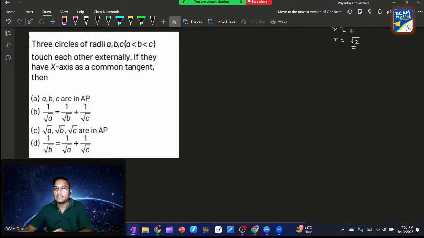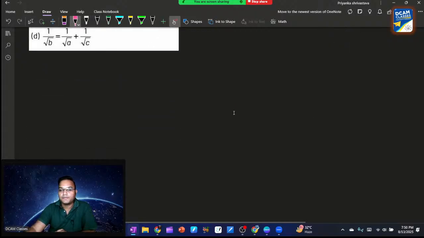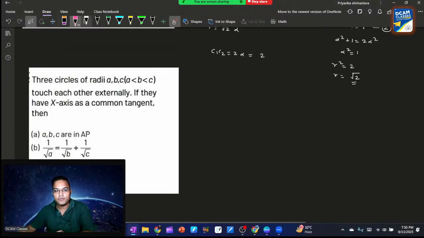Actually, before this, I wanted to give you one more concept. It's a small one, not related to this at all. The concept is the condition of a point lying inside the circle, outside the circle, or on the circle.